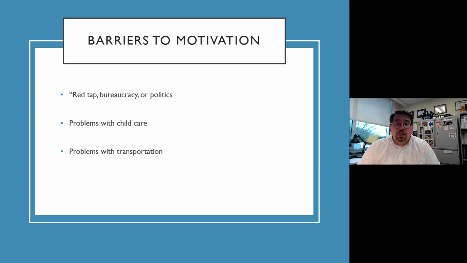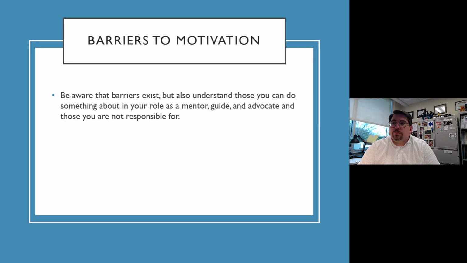That's a huge portion. And then transportation. Gas is expensive. A reliable vehicle may not be something that every student has. So those are some things that you just want to be very conscious of when it comes to motivation. Now these barriers are going to exist, but you also want to understand that you can do quite a bit to help mentor or guide or advocate for your students.